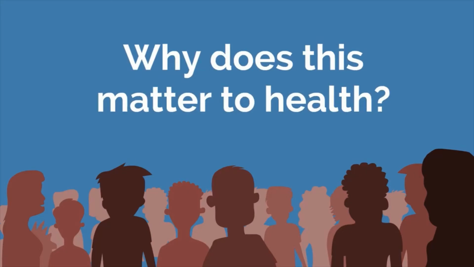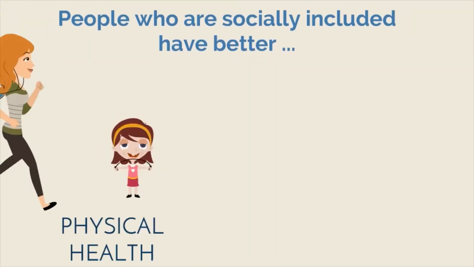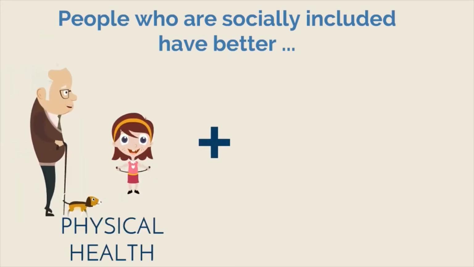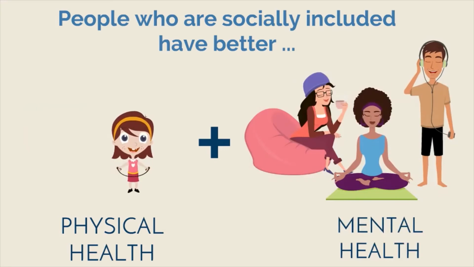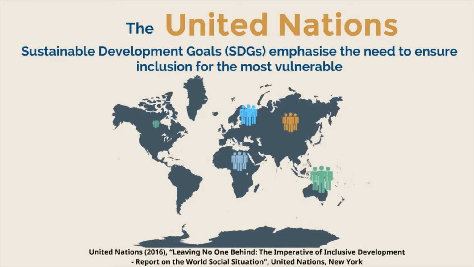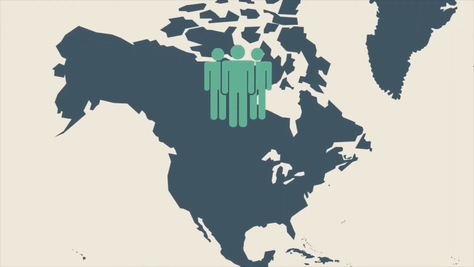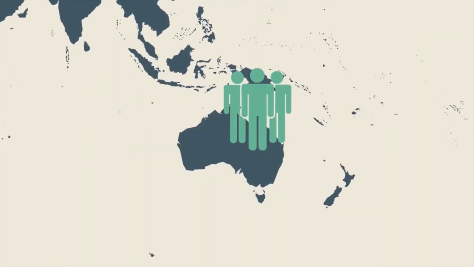Because these people who are socially excluded have poorer health outcomes, while people who are socially included have better physical health outcomes and mental health outcomes. Also, the United Nations, in their Sustainable Development Goals, emphasise the need to ensure inclusion for the most vulnerable in any population. This is a global responsibility that we are a part of.